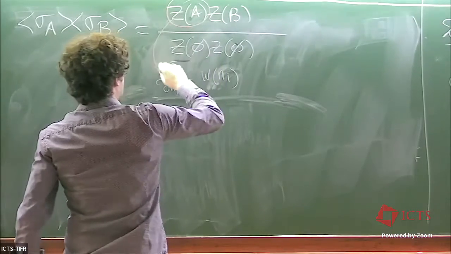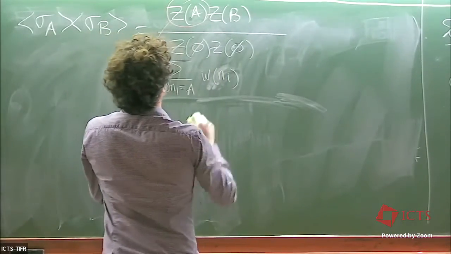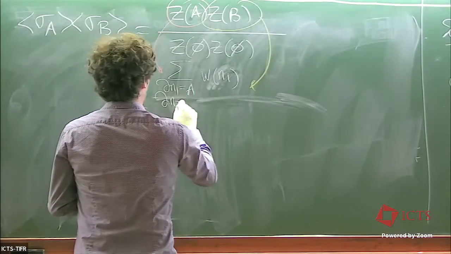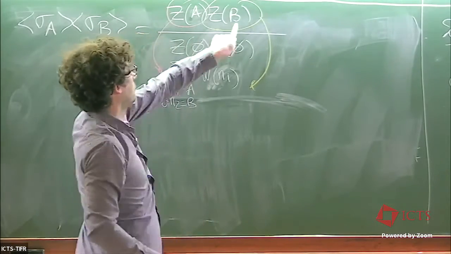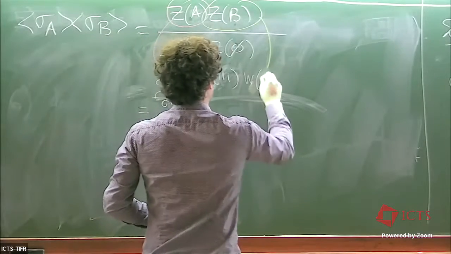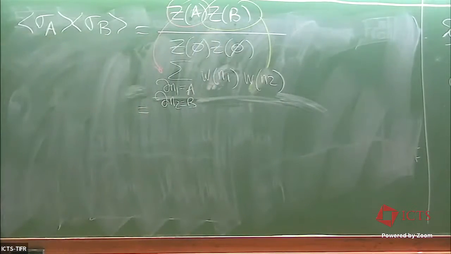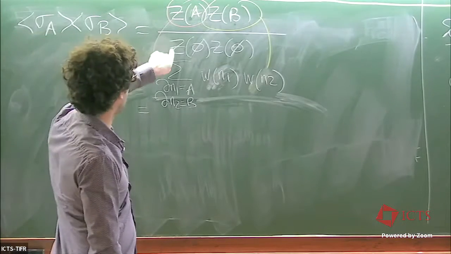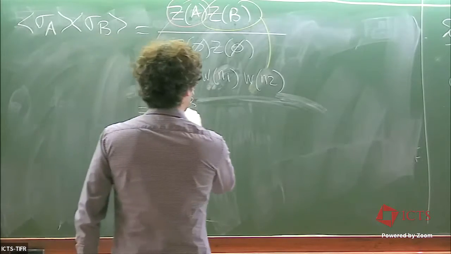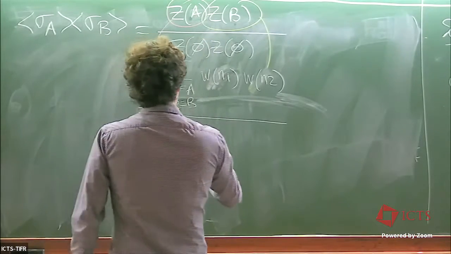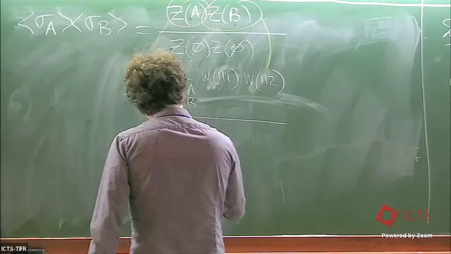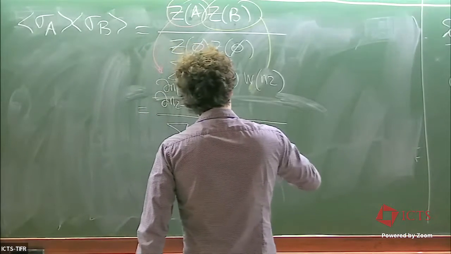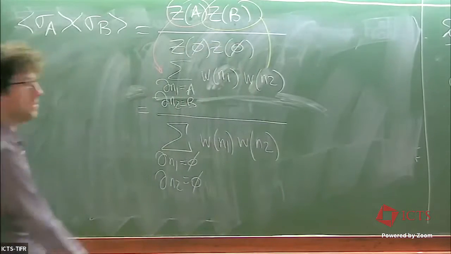And this one is going to give you a second sum, which I can write in the same place, this time with sources B of w n2. This is the numerator, up to a 4 to the number of edges, which is going to disappear because I have this here. And on the bottom, it's the same double sum, except that the sources are the empty set.